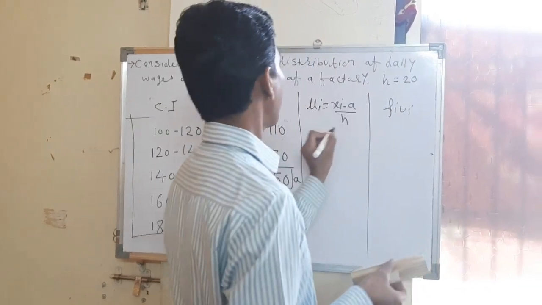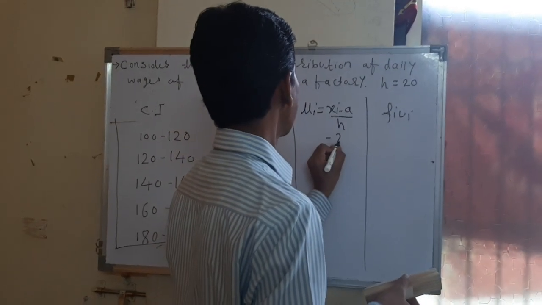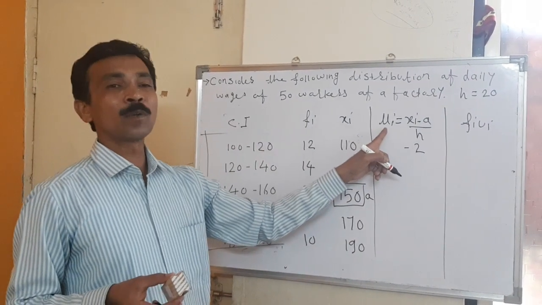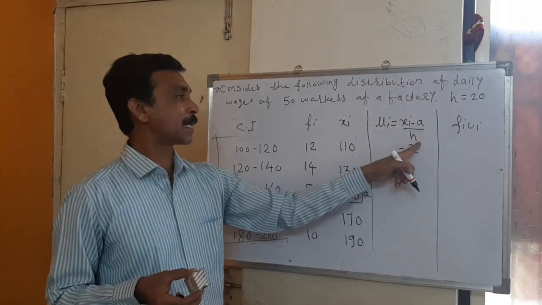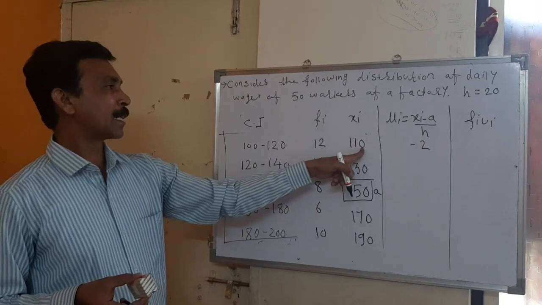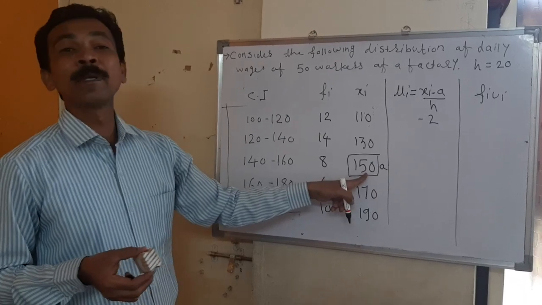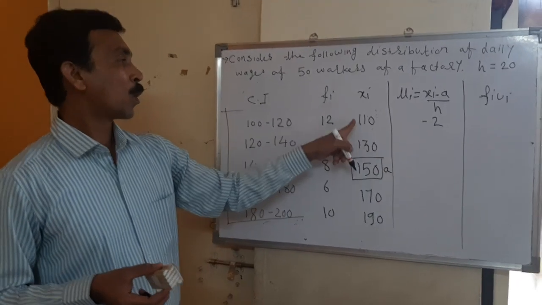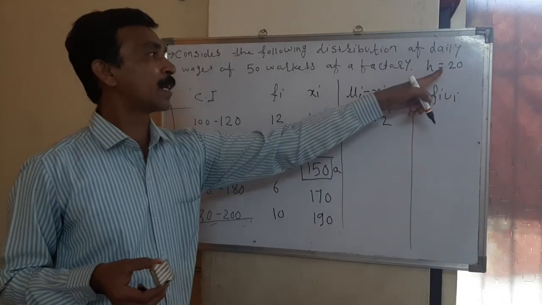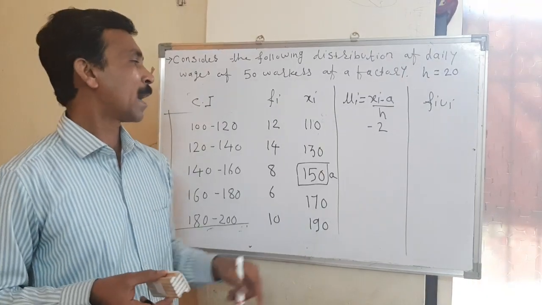So minus 40 upon 20 is minus 2. Again I repeat how to find Ui. Ui is equal to Xi minus A upon h. 110 minus assumed mean 150 is minus 40, upon h is 20, is minus 2.